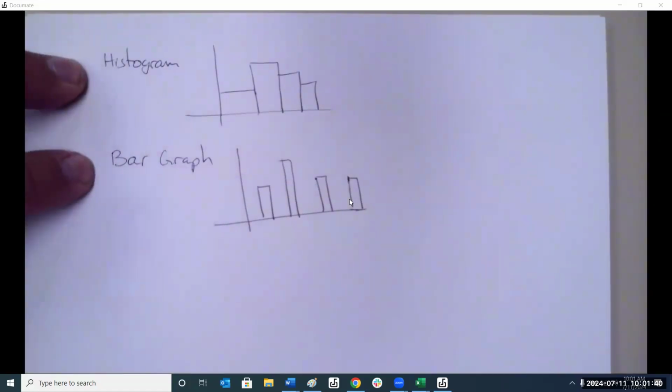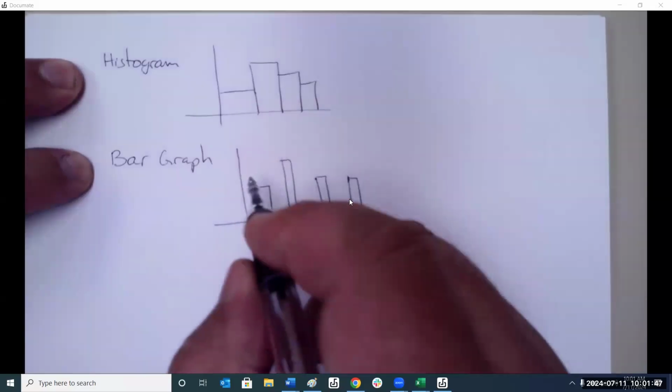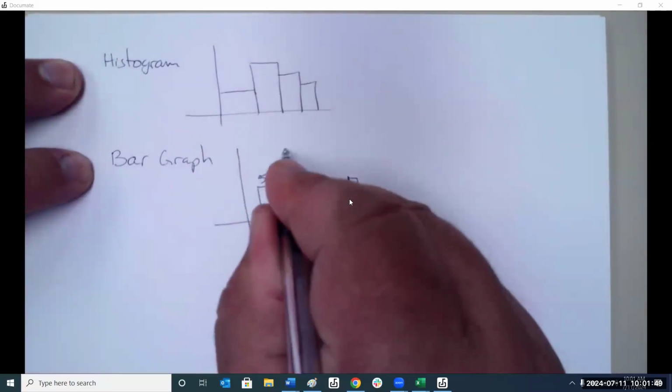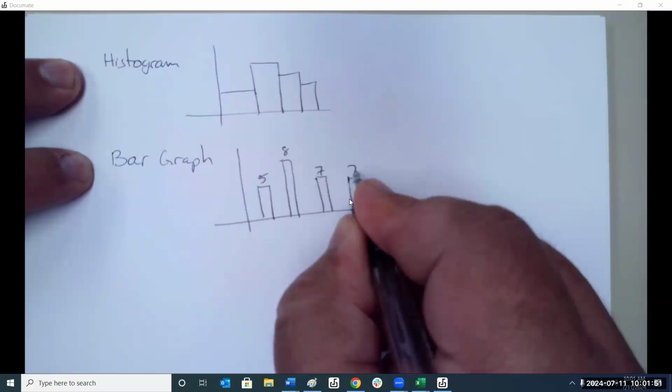The histogram and bar graphs, they represent what? Frequencies.